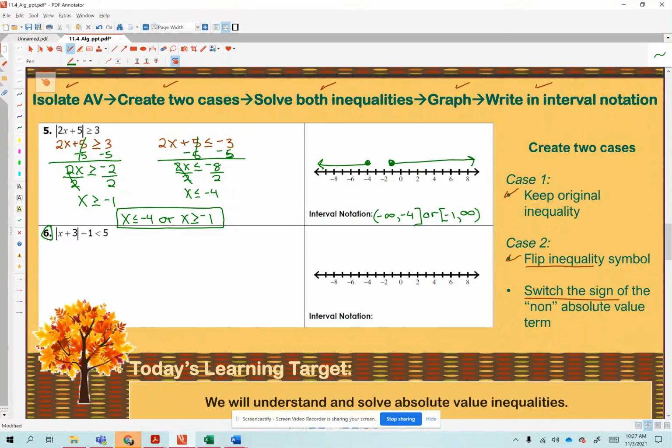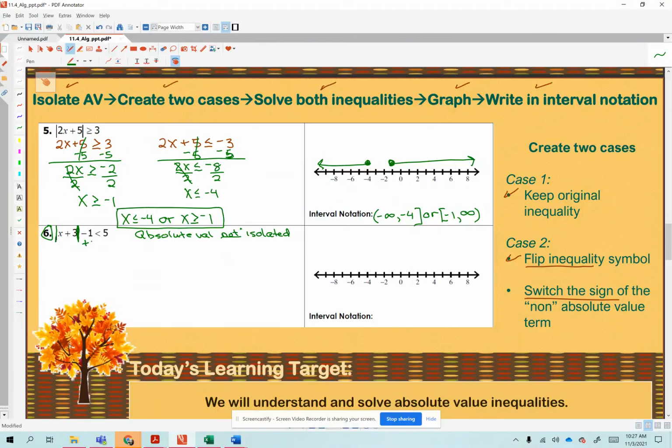Okay, number 6, please try this on your own before you follow along with me. Okay, in number 6, absolute value is not isolated. So we have to isolate that absolute value term first.